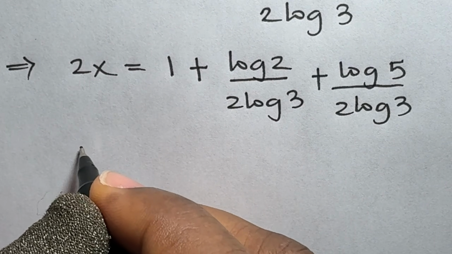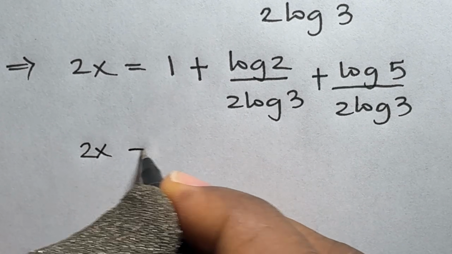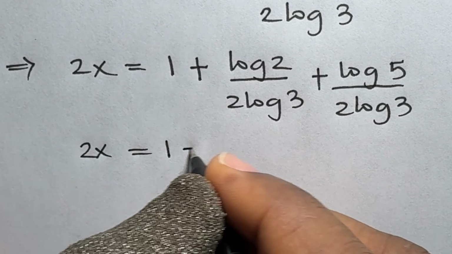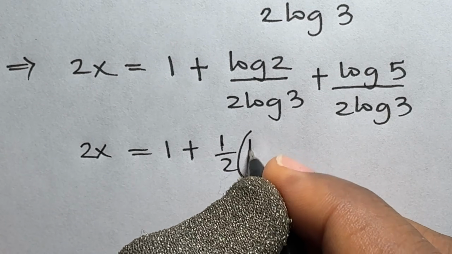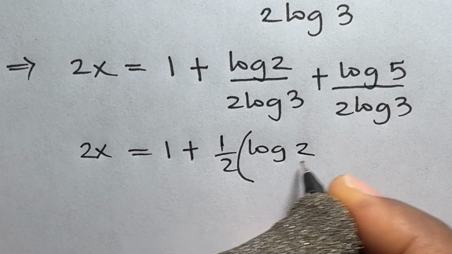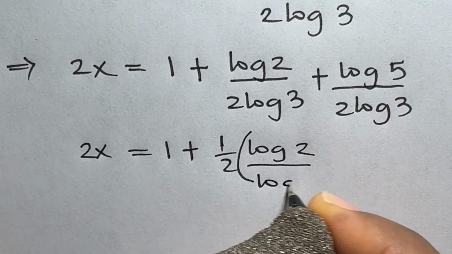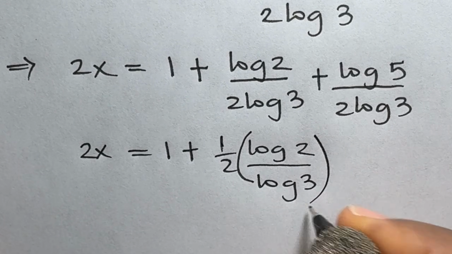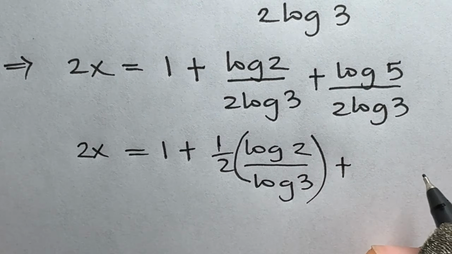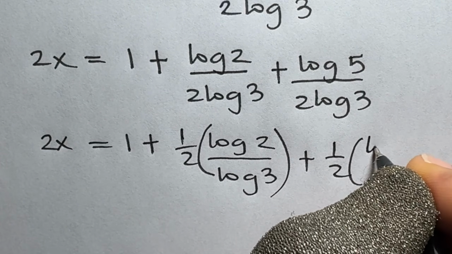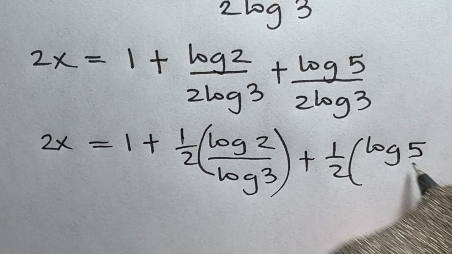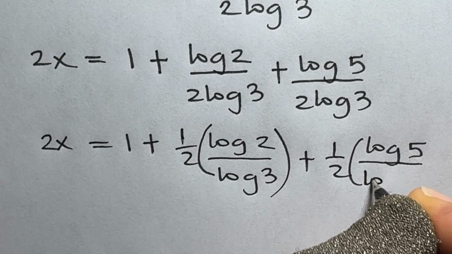So 2x becomes 1 plus, I'll write this as 1 over 2 into log 2 divided by log 3. And then this also will be 1 over 2 into log 5 divided by log 3.